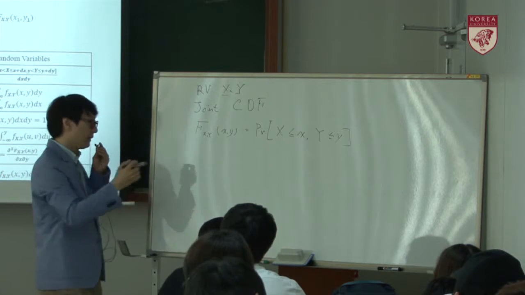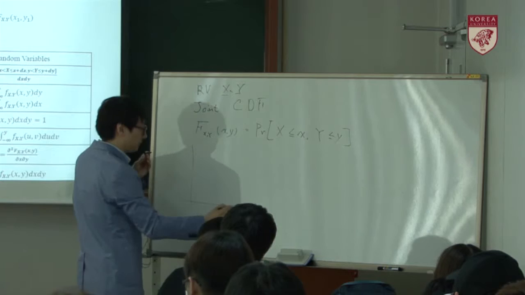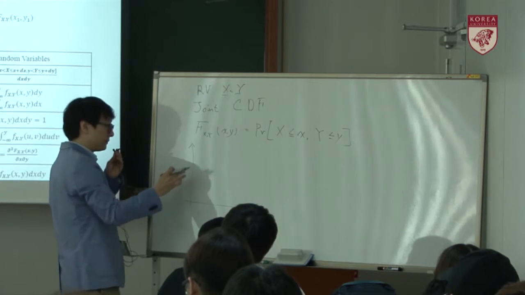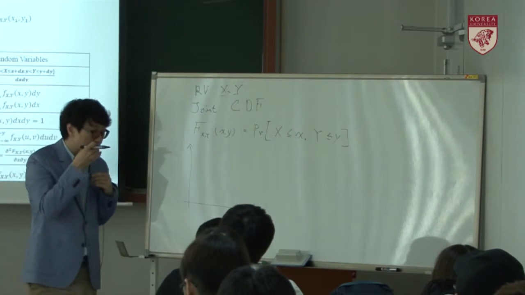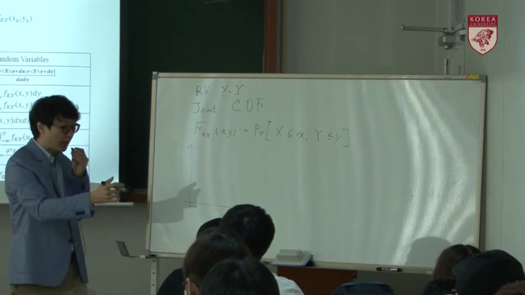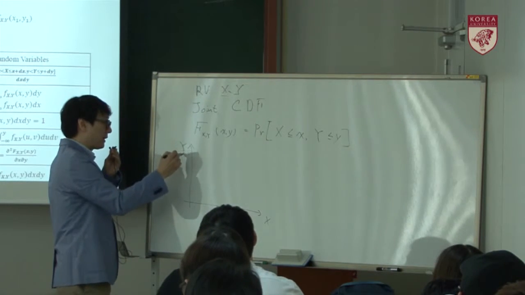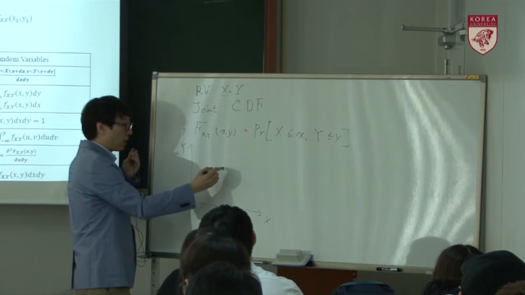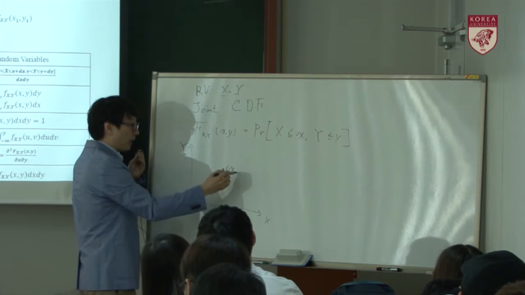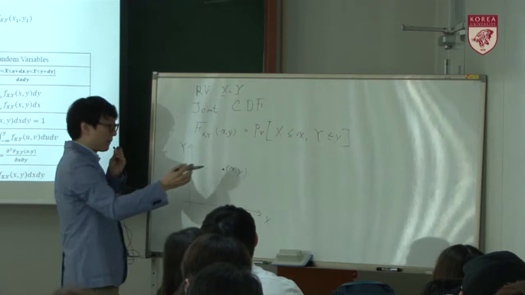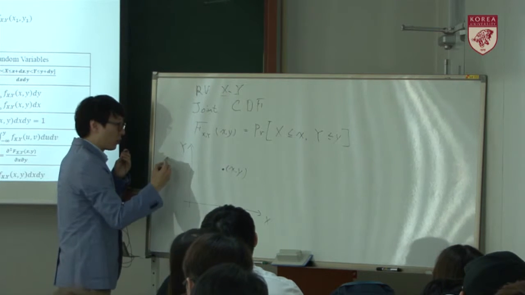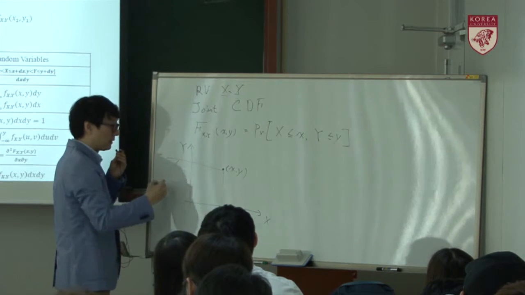Graphically, these are the two axes, the axis of x and y. At some point of small x and small y, this probability means x and y are located in this area.